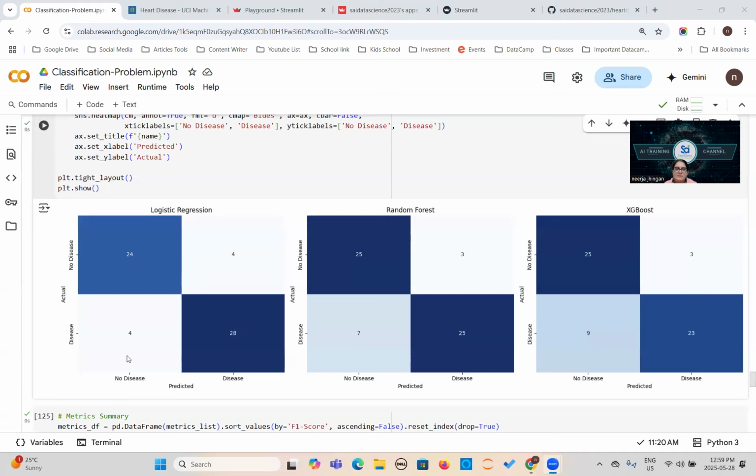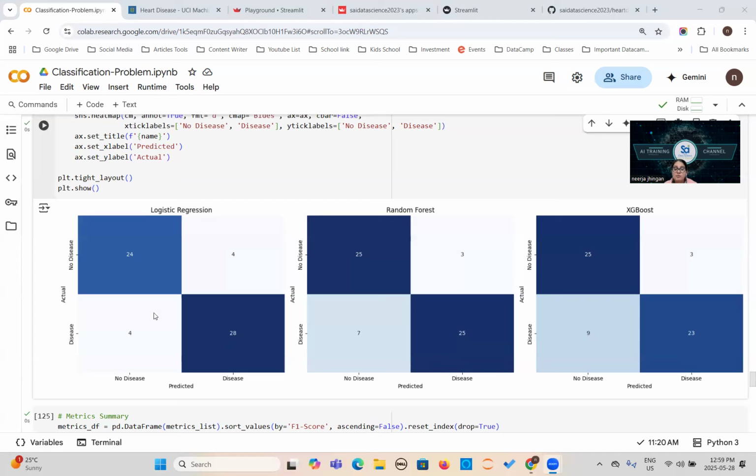That is fine. This is your true negative, right? And this is the false positive, sorry, I mean false negative. In this case this is the false negative, and this is the true positive, right?